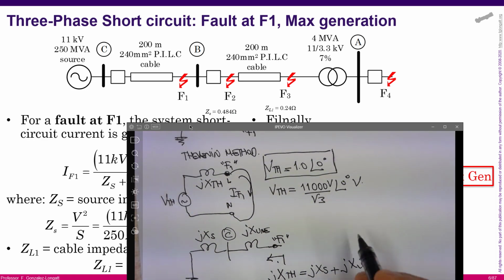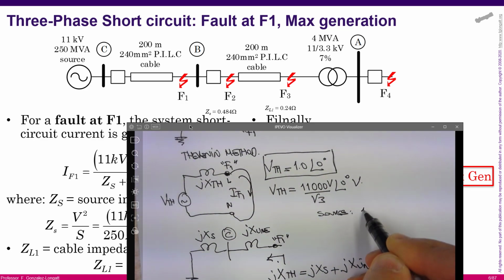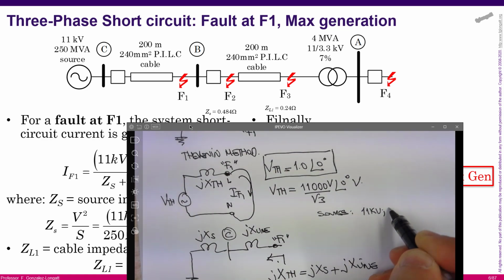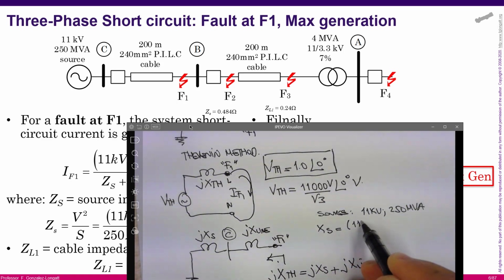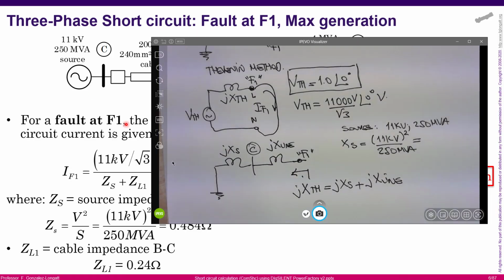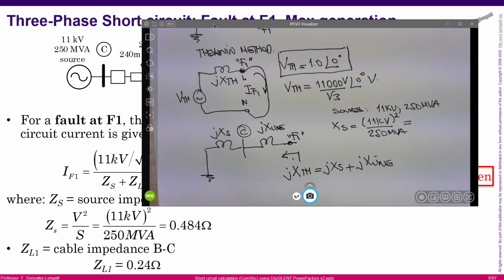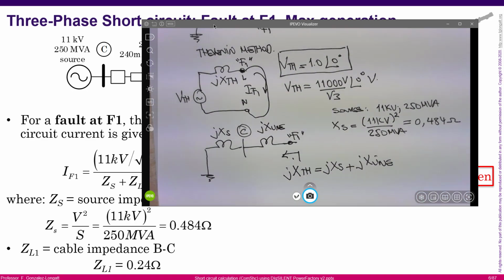We know that the source is equivalent to 11 kV line to line and a three-phase power of 250 MVA, okay? What we need to know is that the reactance of the external grid will be 11 kV, that is the voltage, divided by the power, 250 MVA, and from there, as you can also see on my screen, that value is 0.484 ohms, okay?